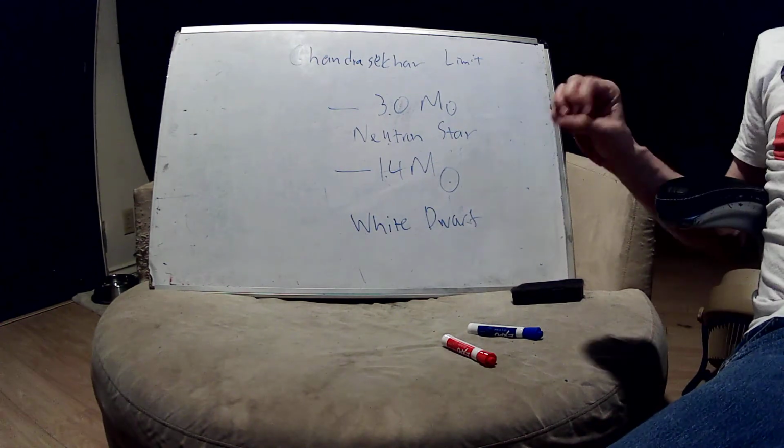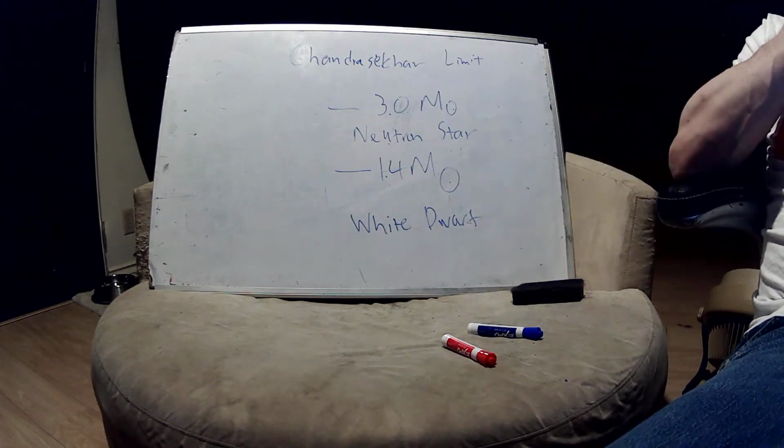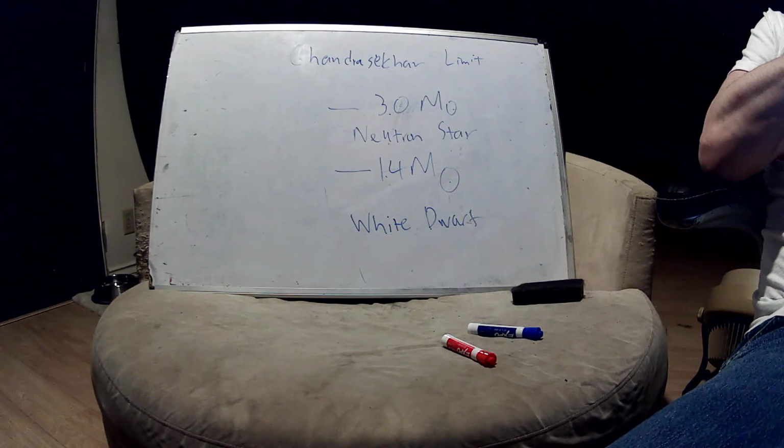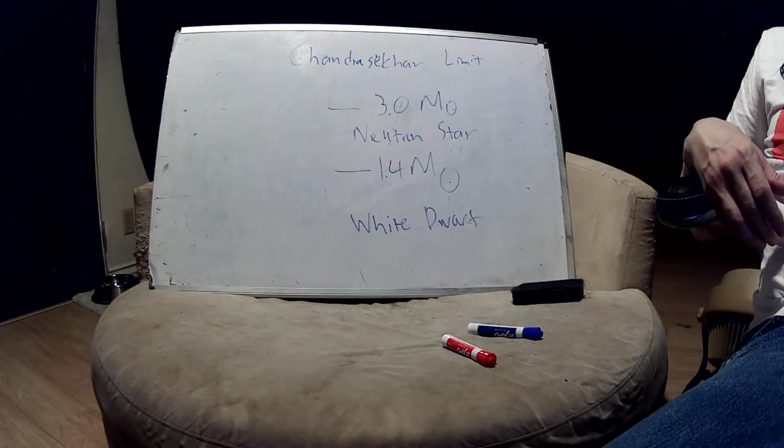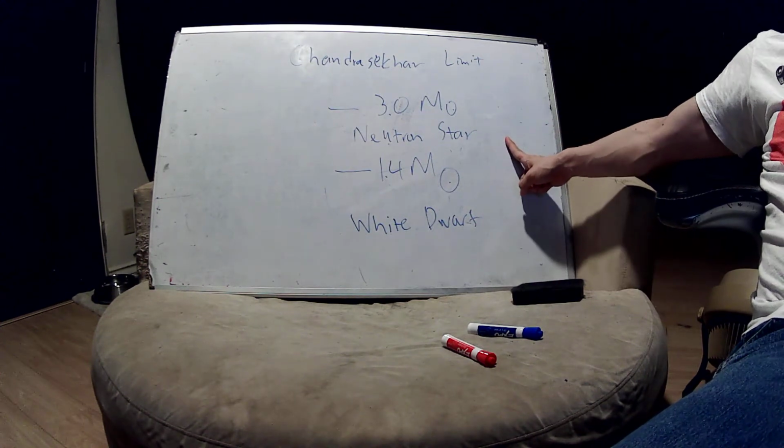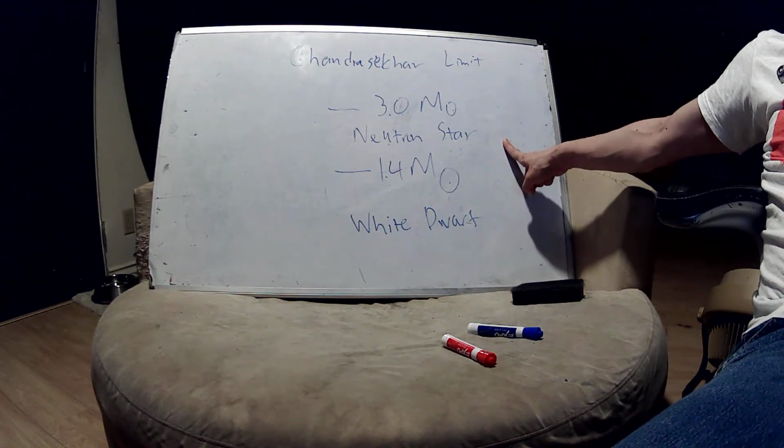Now, a normal class O star, one of the really, really big ones, rotates once every few days. But a pulsar can rotate several times in 1 second.